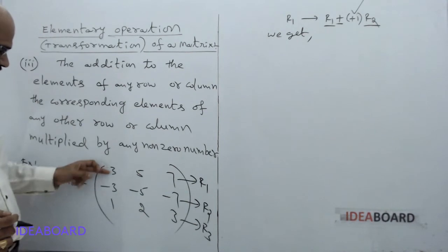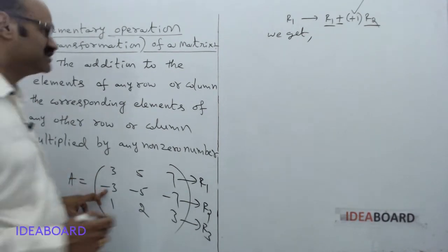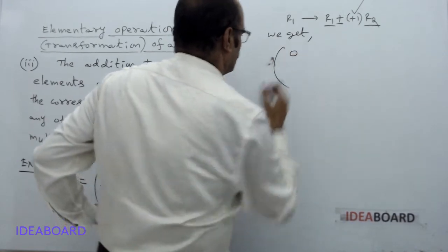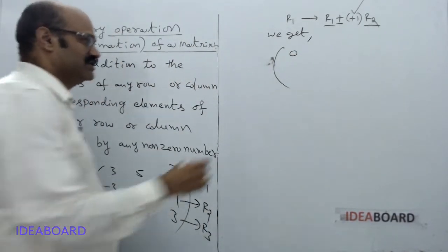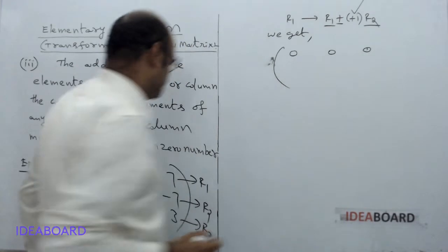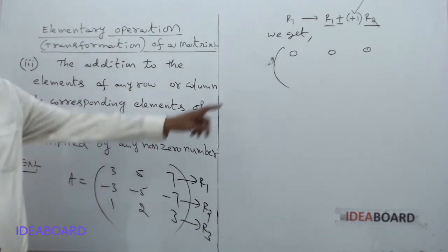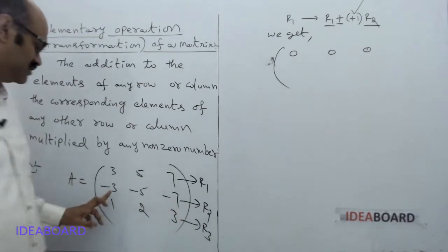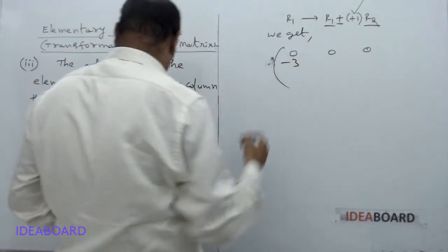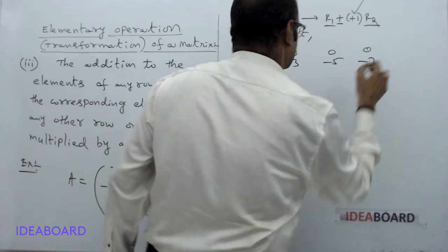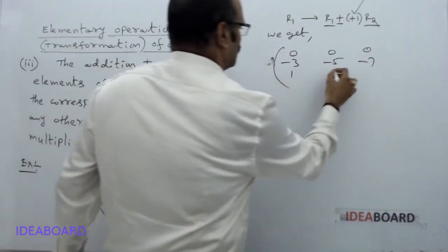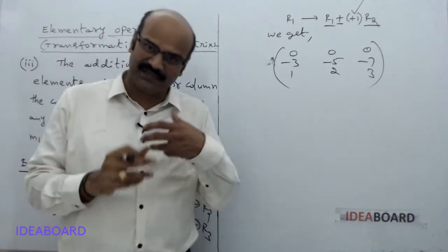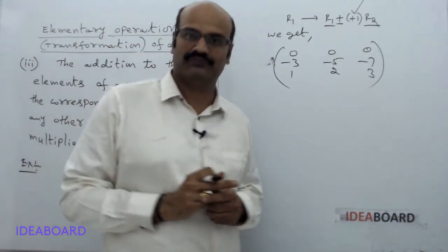So 3 plus -3 is 0, 5 minus 5 is 0, 7 minus 7 is 0, and there is no change in R2, so R2 stays the same: -3, -5, -7, 1, 2, 3. Similarly, the same thing can be done for columns also.